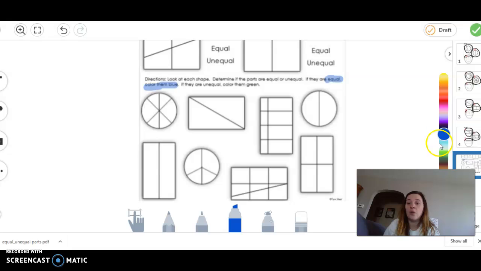If they're unequal, I'm going to color them green. I like to label my directions so then I know I read my directions and I know exactly what to do. So I'm going to look at each one of these shapes and decide, are they equal or unequal? And I'm going to color them the correct color. Blue is equal, green is unequal.